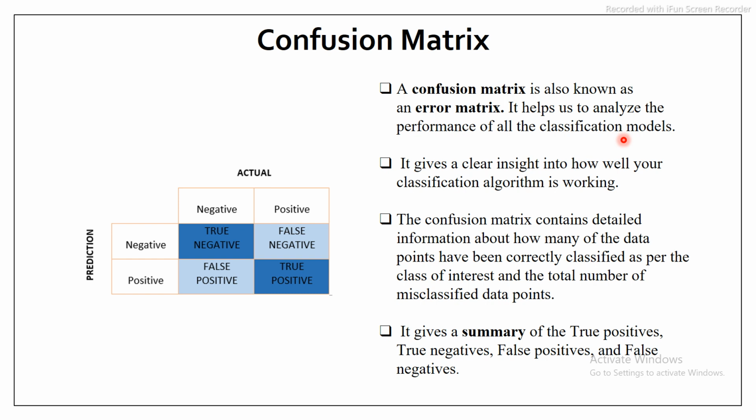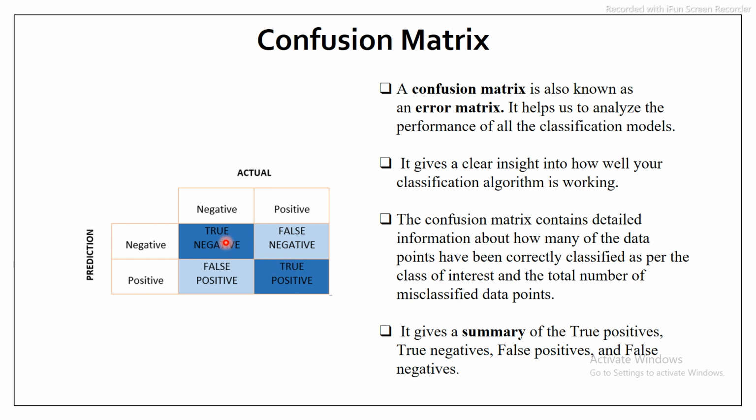The confusion matrix contains detailed information about how many data points have been correctly classified as per the class of interest and the total number of misclassified data points. The true negative and true positive are the truly classified instances, which is good for your model and must be maximized.